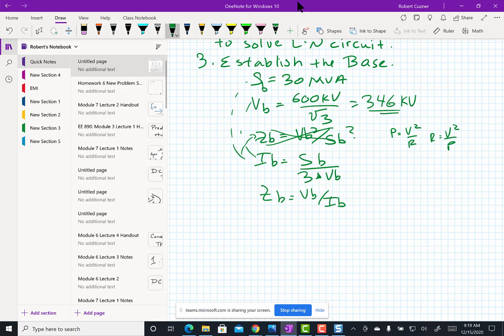Now the I base would be 30 e to the 6 divided by 3 times 346 e to the 3. So I'm going to calculate that. And I get 28.9 amps.